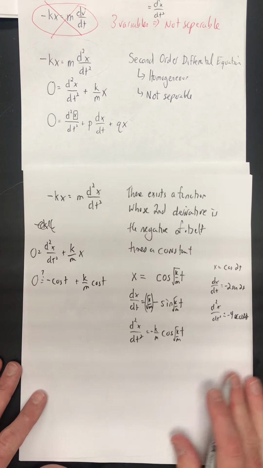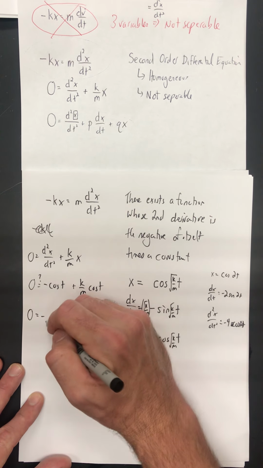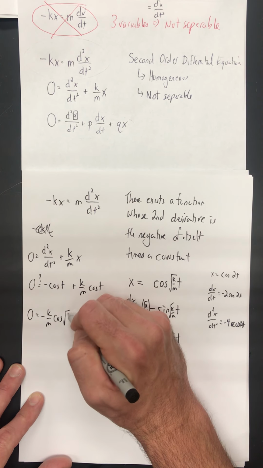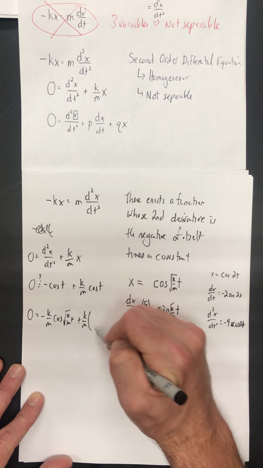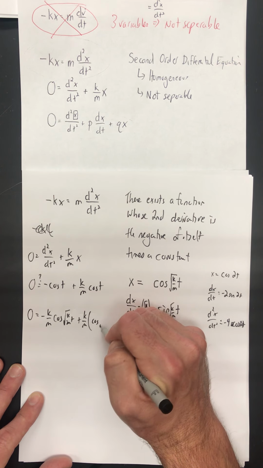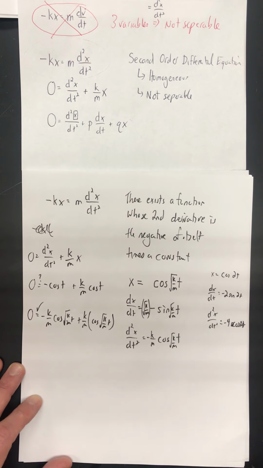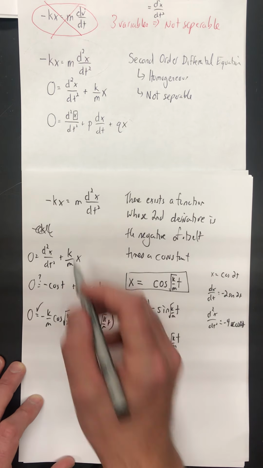That, when I plug it into here, would give us 0 is equal to negative k over m cosine of radical k over m t plus k over m, and then the original function cosine of radical k over m t, and that would in fact equal 0. And so this is a valid solution to this equation.